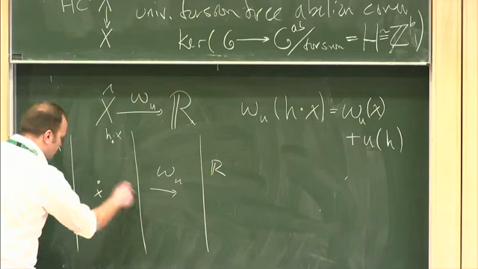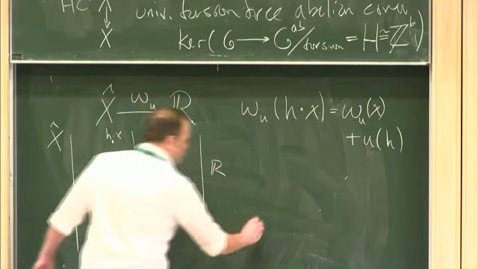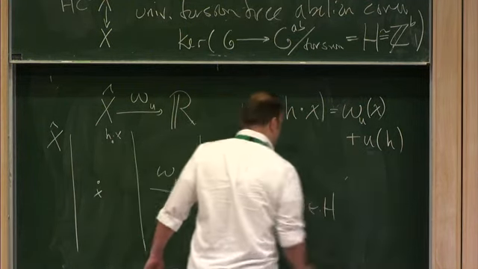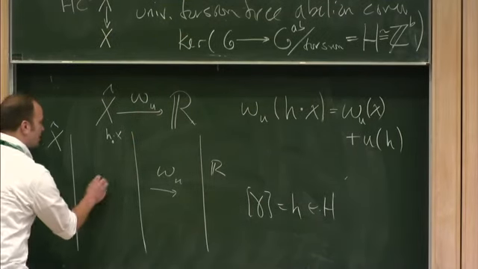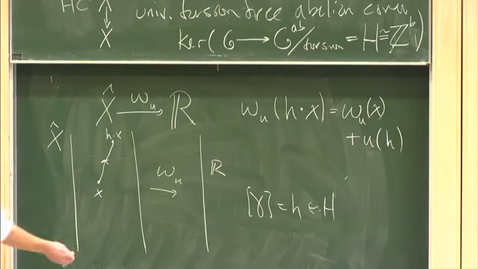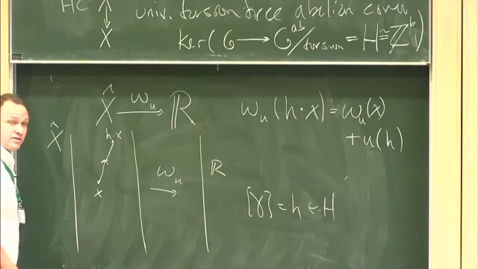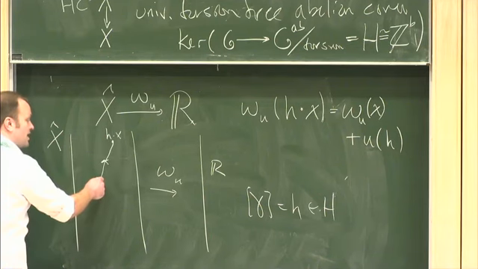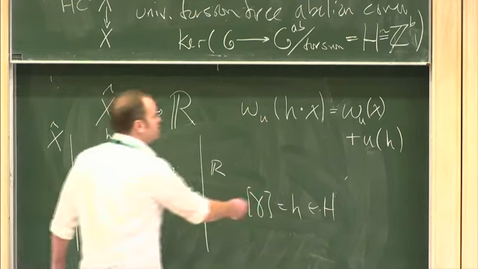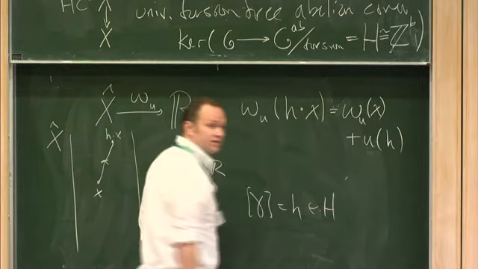I take a loop downstairs, gamma, that represents h in H. I lift it to a path, and then I think about integrating my one form along this path. The difference between the value here and here should be the value of u on that path, so that's u of h. So the difference between these two is exactly u of h.